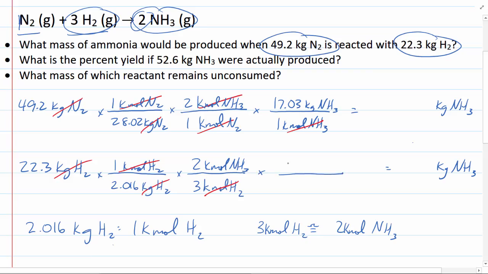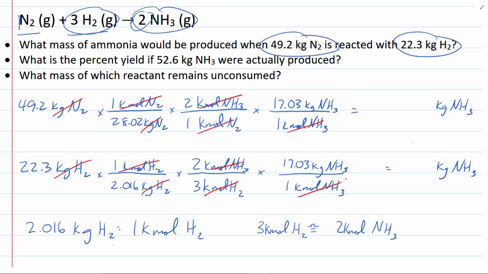We use the same conversion that we have above, and that is we have 17.03 kilograms of NH3 for every 1 kilomole of NH3. And the kilomoles of NH3 cancel out. We then go to our calculator, we multiply everything through.